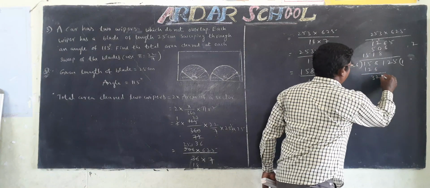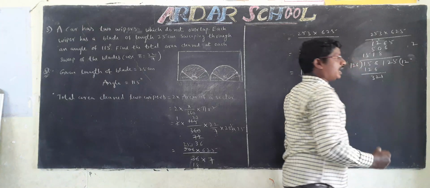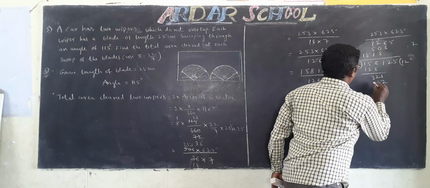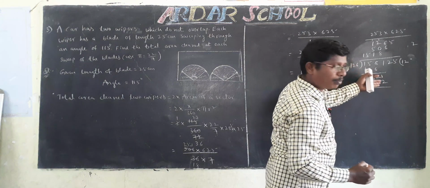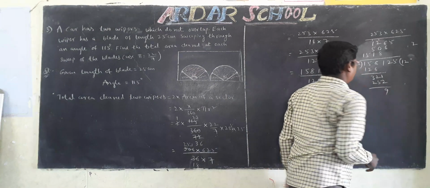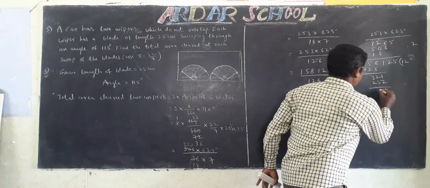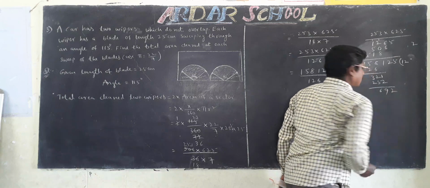Take 1, 321. 126 twos are 252. 1 minus 2 not possible, borrow, 11 minus 2 is 9, 11 minus 5 is 6. Next take 2, 692.